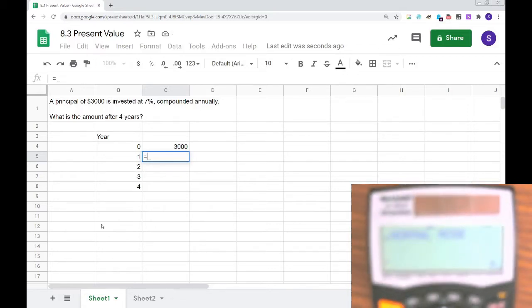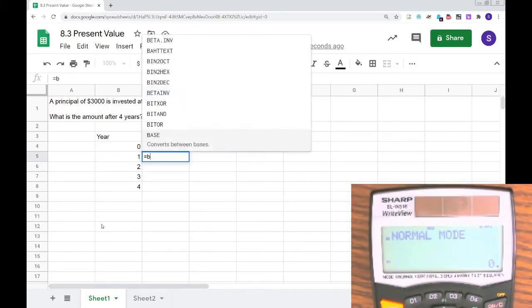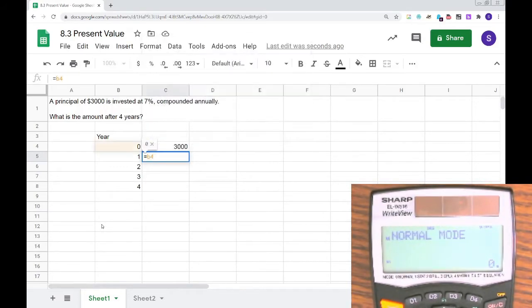So we're going to take the previous cell, which is B4, and we're going to multiply it by 1.07. Or C4 rather.